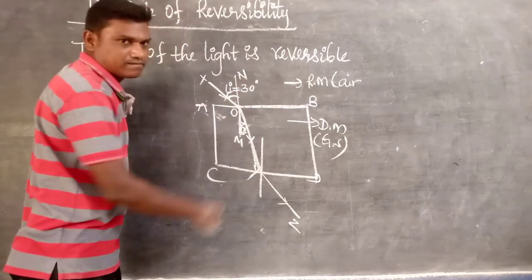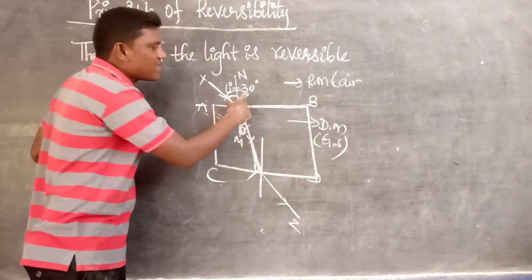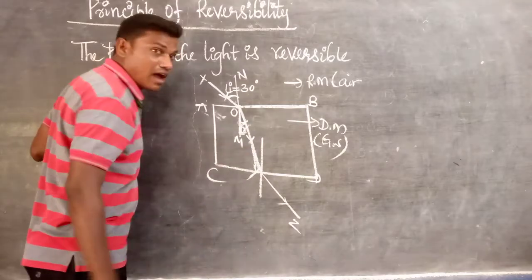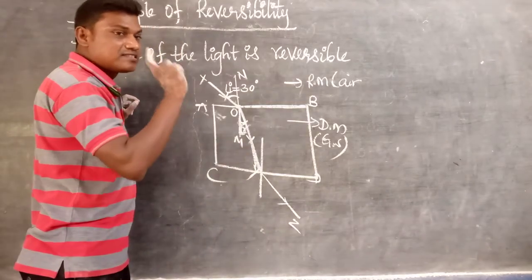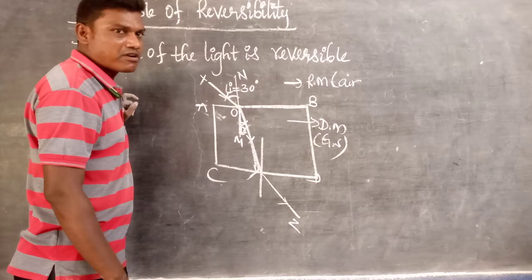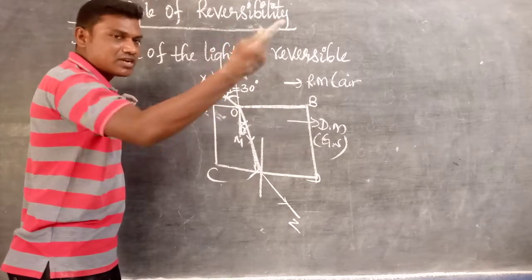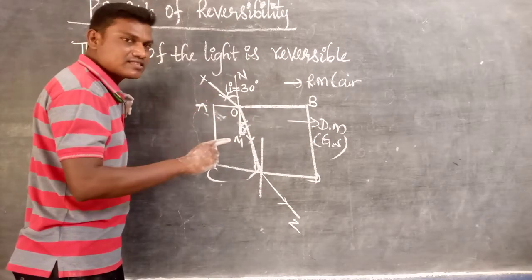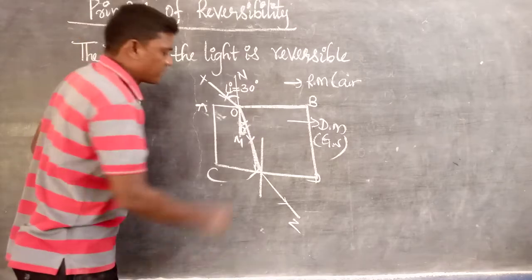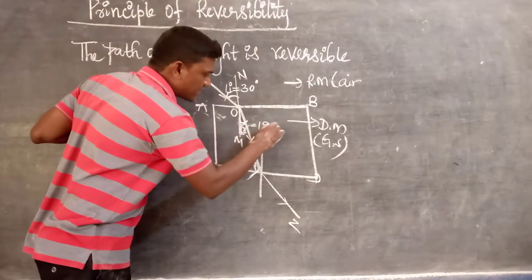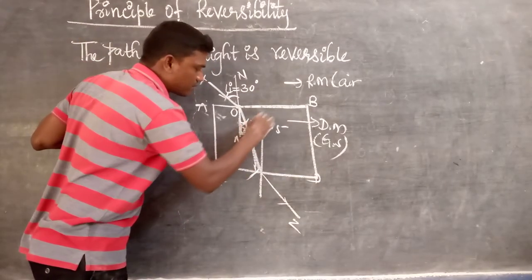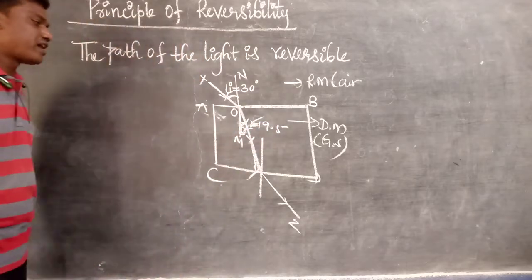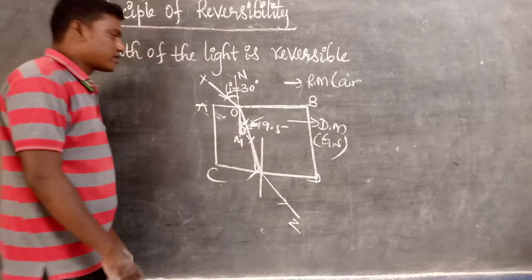When angle I is 10, angle R is 6.5; angle I is 20, that is 13; angle I is 30, what is that? 19.5. That is why this value is 19.5 for angle R practically.